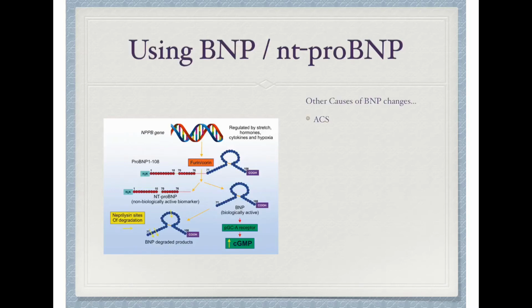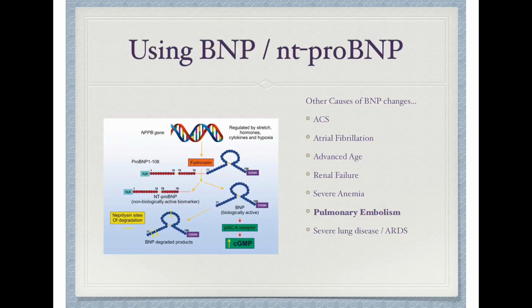These include acute coronary syndrome, atrial fibrillation, advanced age, renal failure, severe anemia, a pulmonary embolism where markedly elevated BNP levels are actually a highly negative prognostic marker and actually affects management, severe lung disease or ARDS, liver failure, and finally, a condition that actually will falsely decrease the levels of BNP is obesity.